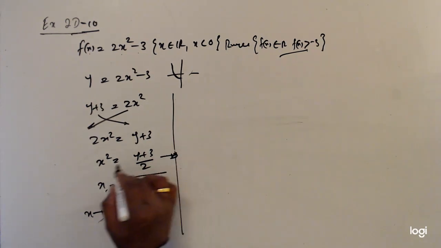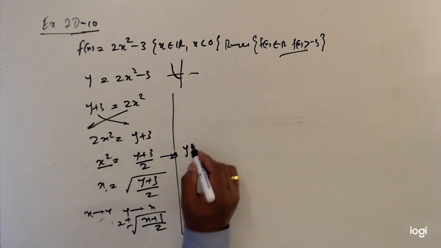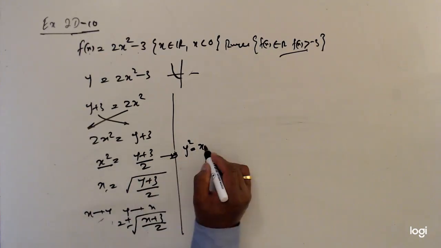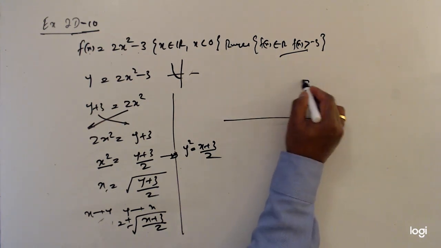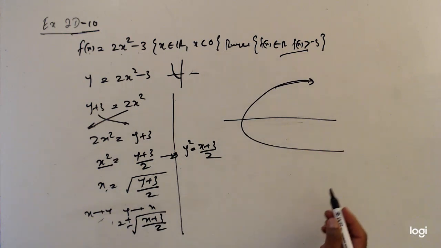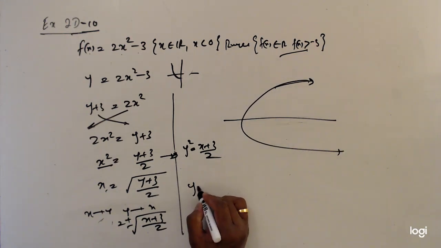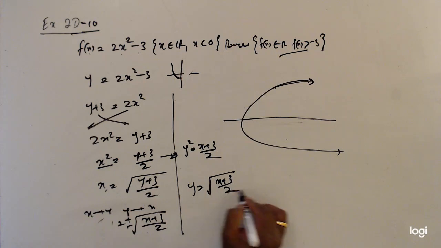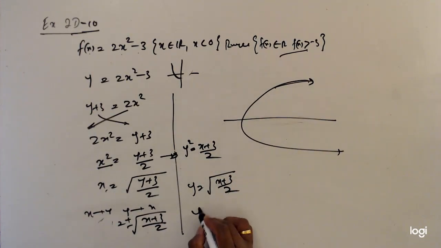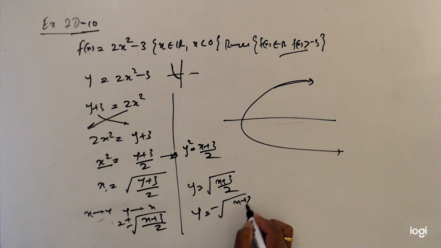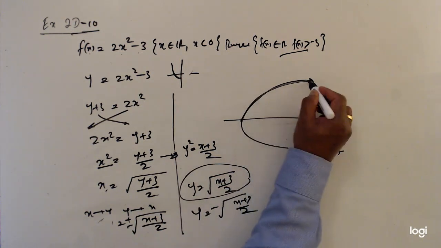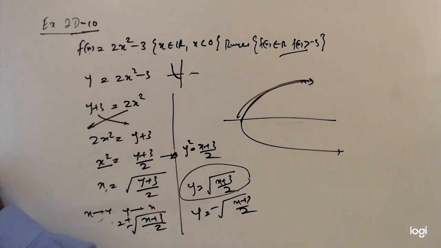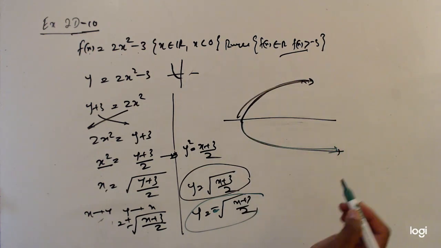For your information, if I take this as x to y, and I simplify here y to x, square root of (x + 3)/2, this is usually this kind of parabola. When we take the positive one, it will give the positive part, and when we take the negative one, it will give the negative part.